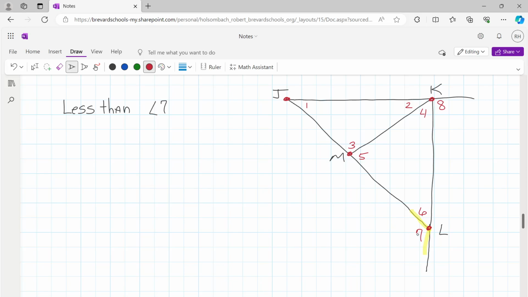If angle 7 is an exterior angle for triangle LKM, then it's greater than angle 4 and angle 5. Okay? So if 7 is greater than 4 and greater than 5, then if we're listing the angles that are less than 7, one of them is going to be angle 4, and another one is going to be angle 5.